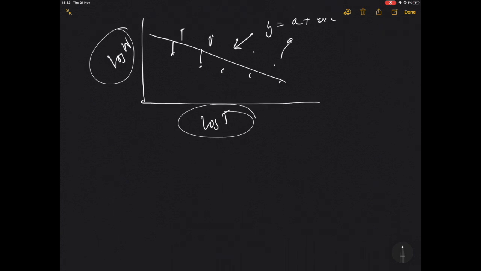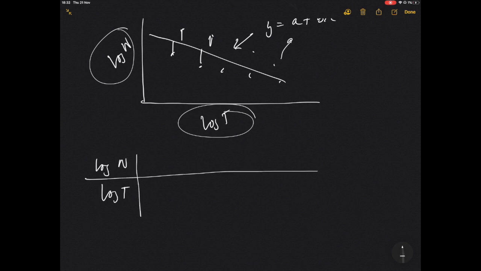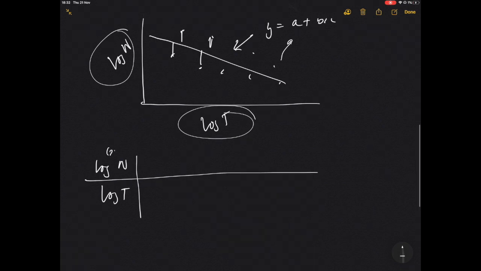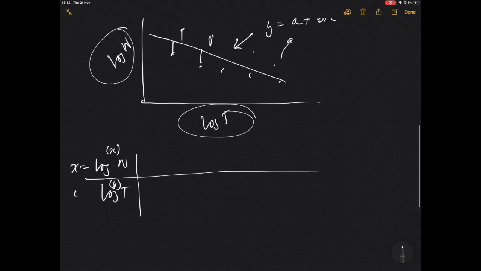So if we make our table of log n and log t, maybe we call this x and we call this y to keep with our notation as previously, y equals that we did previously. And then we just stick all this in the calculator.